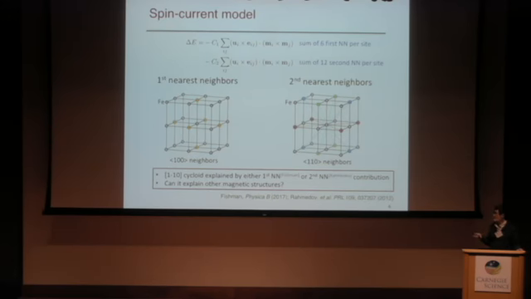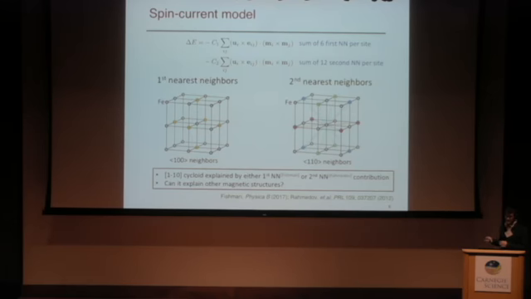The first nearest neighbors are in the 1, 0, 0 directions, and the second nearest neighbors are in the 1, 1, 0 directions. In previous works, it has been demonstrated that by considering only the first nearest neighbors, or only the second nearest neighbors, we can reproduce the type 1 cycloid propagating along the 1-1, 0 direction.